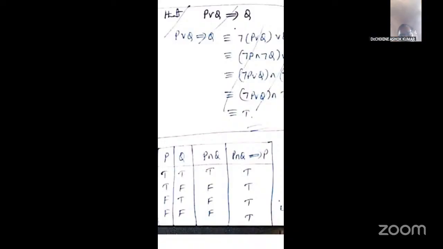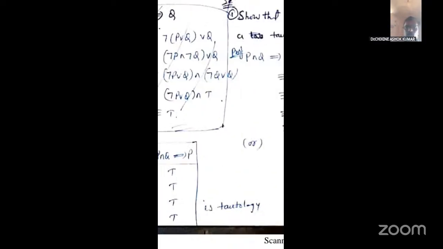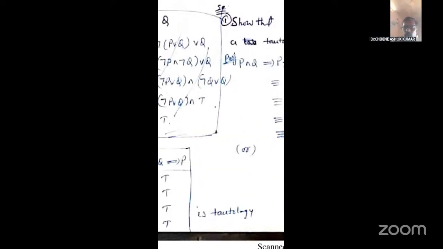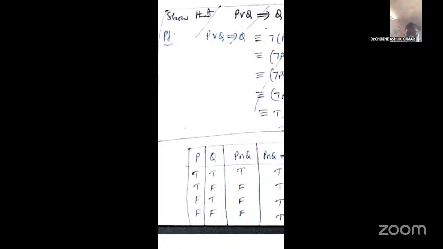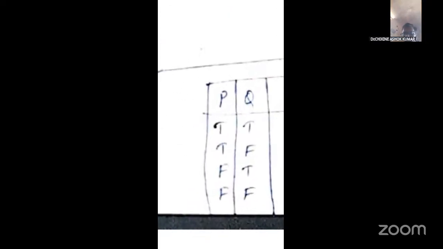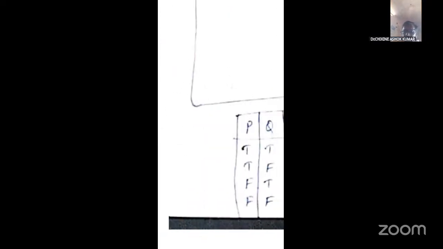So here how many statements we have? Two, P and Q. So write P and Q combinations like this: TT, TF, FT, FF. Next, what is asked?